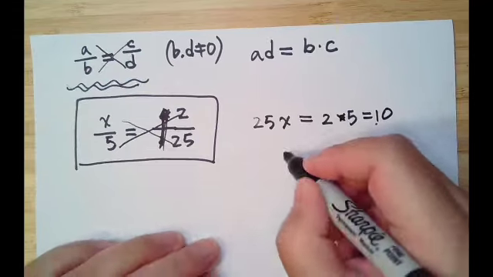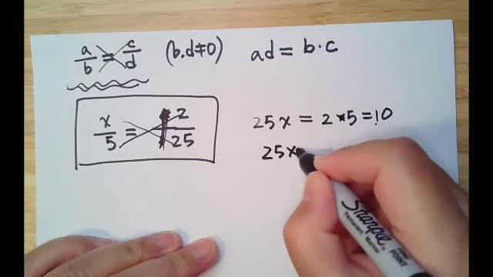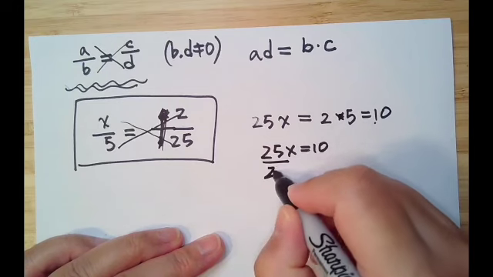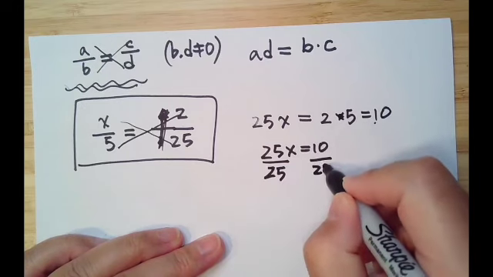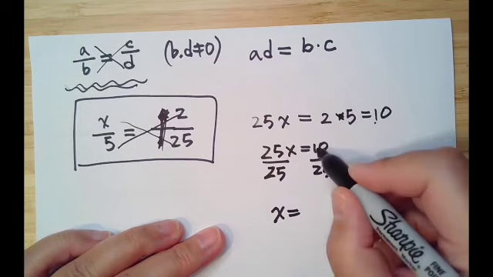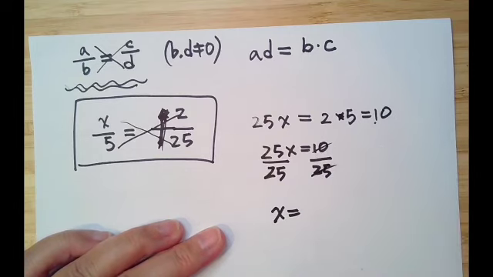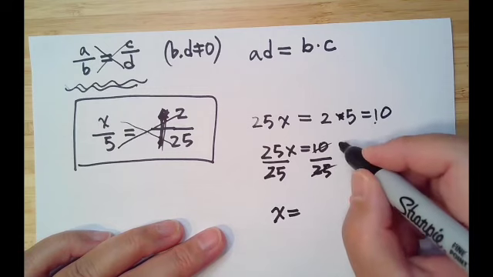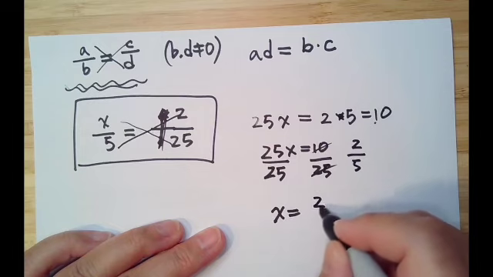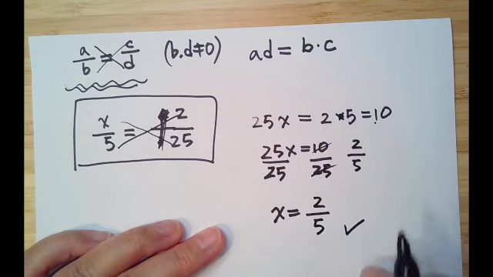That's 10. So 25x equals 10. Can you solve it? Of course, you can just divide by 25. So you have x equals 10 over 25. We have the common factor of 5, so that would be 2 over 5. Done. So we can solve it.